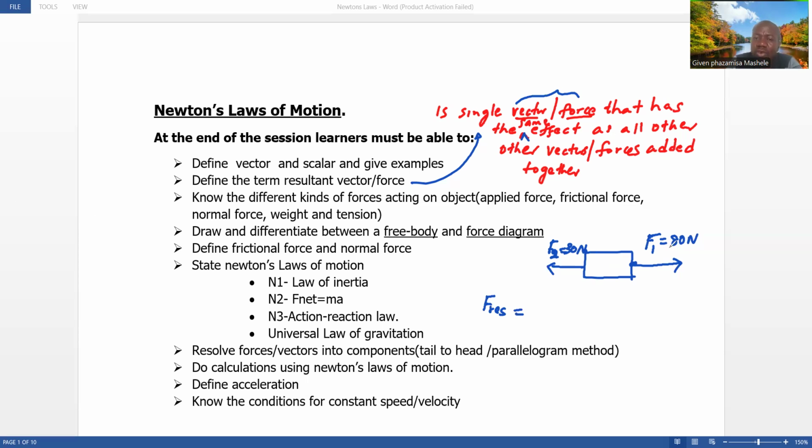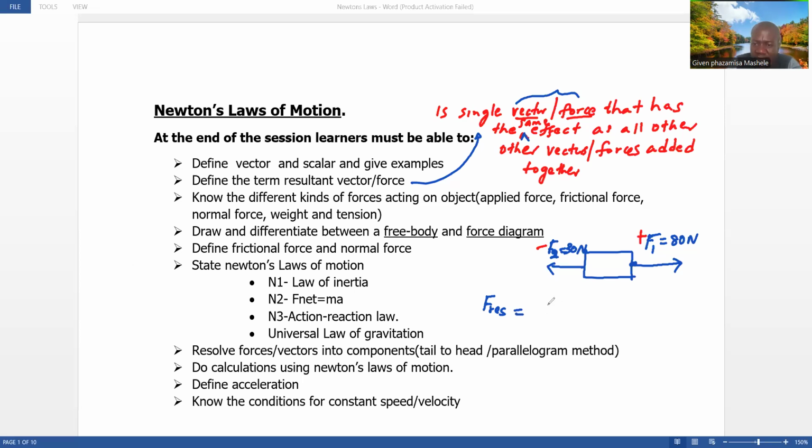But if you look at this, we know these are vectors, which means we need to consider direction. Let's take those that are directed to the right as positive and the one to the left as negative. So let's add this. Remember, we have F1.